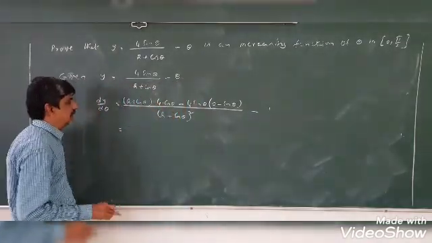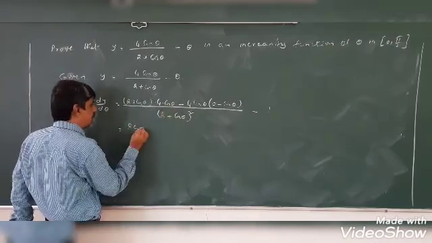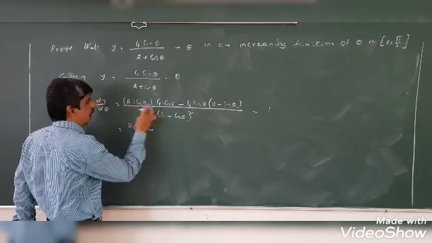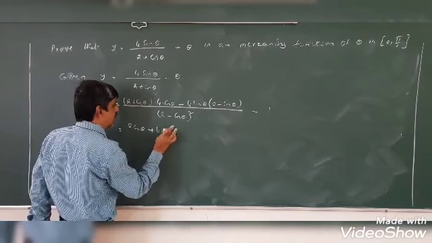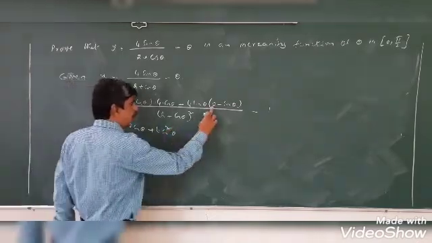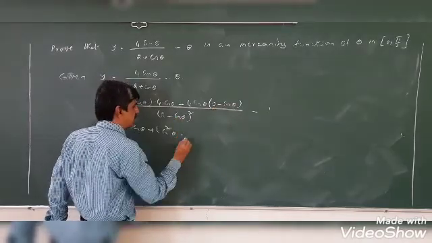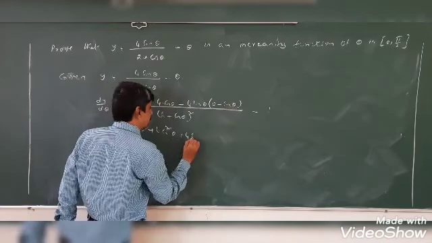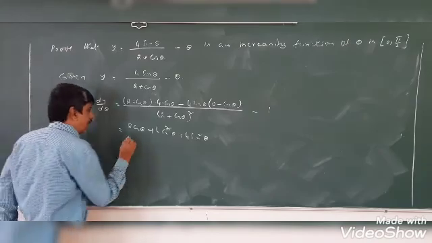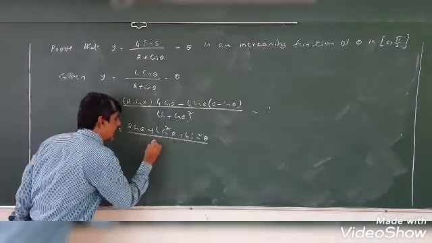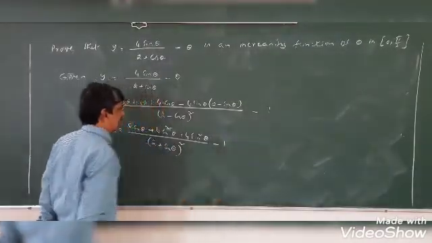Now simplify. 4 cos theta into 2 is 8 cos theta, plus 4 cos theta into cos theta, which is 4 cos square theta. Then 0 minus sin theta is minus sin theta. Minus into minus is plus, 4 sin theta into sin theta is 4 sin square theta, all over 2 plus cos theta whole square, minus 1.